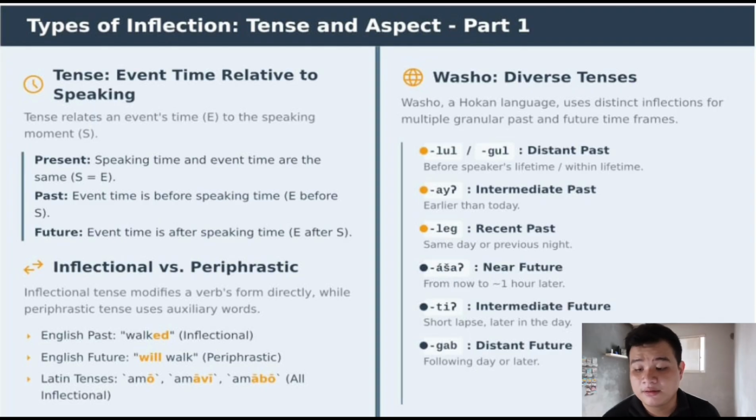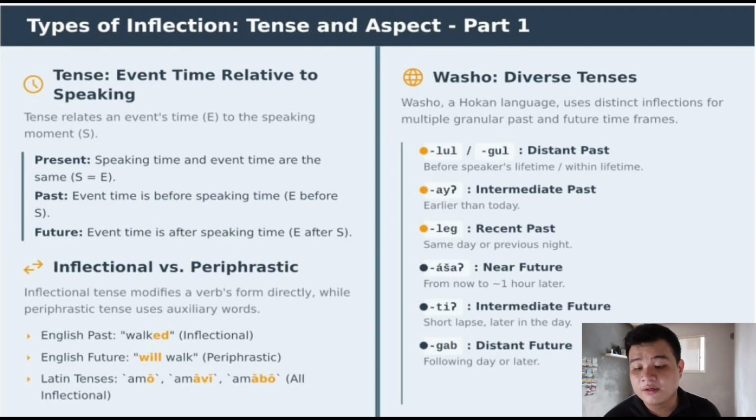For example, distant past refers to events long before the speaker's lifetime or very far in the past. Recent past means today or yesterday. Intermediate past refers to events earlier than today but not extremely far.